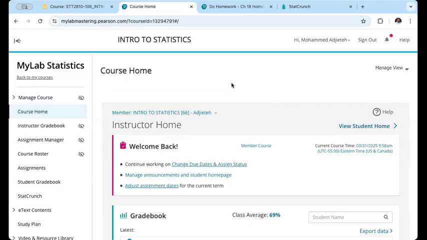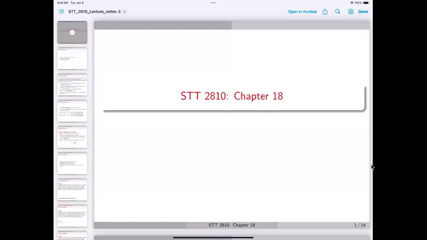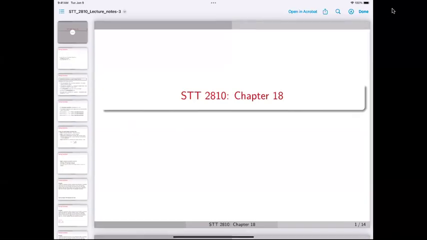Today, we are going to start from chapter 18. In chapter 18, we are going to talk about hypothesis testing.